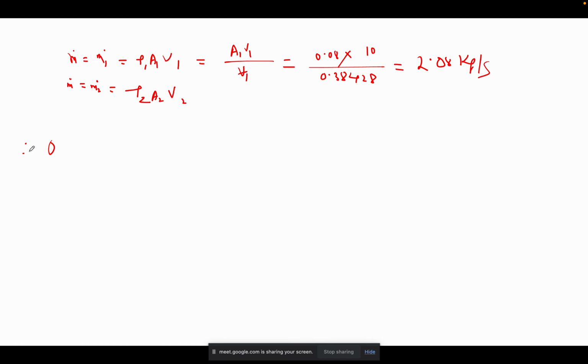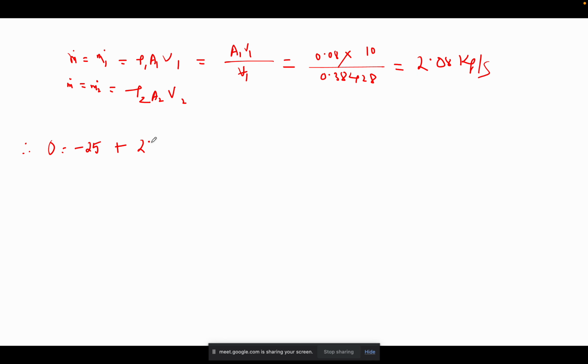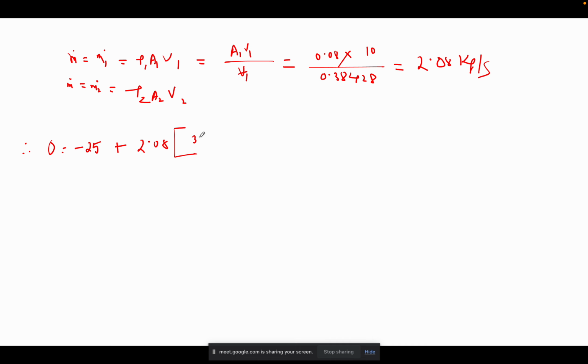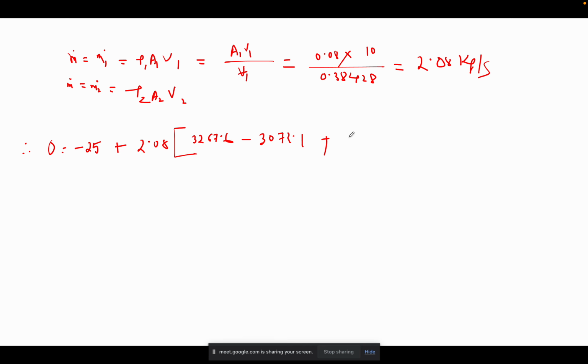So 0 equals minus 25 plus m dot, which is 2.08, times h1 minus h2, that is 3267.6 minus 3072.1, plus v1 squared minus v2 squared, where v1 is 10 meter per second, divided by 2, but now I will multiply with 1000 because this is in kilojoule, so this should also be in kilojoule. Then only you'll get the answer.